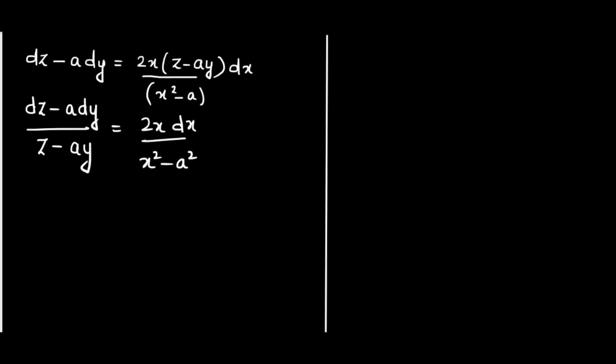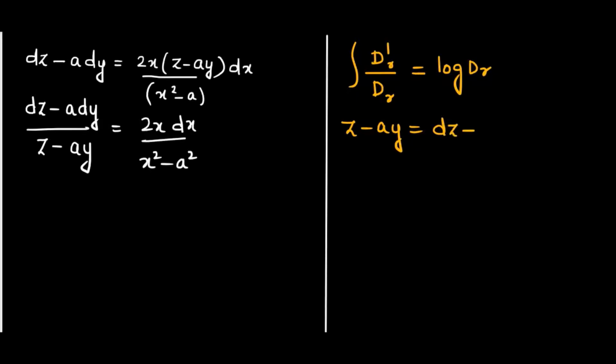Before that, let me introduce you to another shortcut formula for integration. If you are having an integration where the denominator's differentiation is the numerator, whatever is in the denominator, if you are differentiating that, if you are getting the numerator, then the answer will be log of denominator. So here z minus ay differentiation will be dz minus a dy.